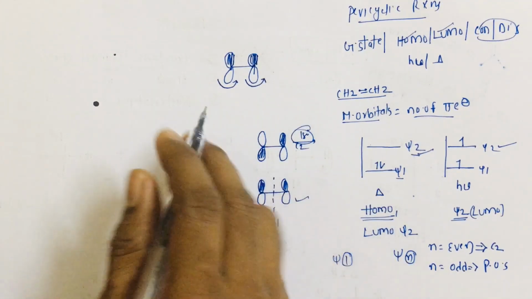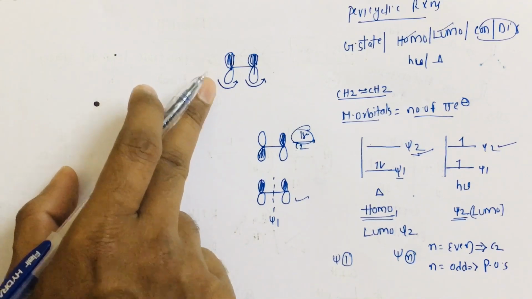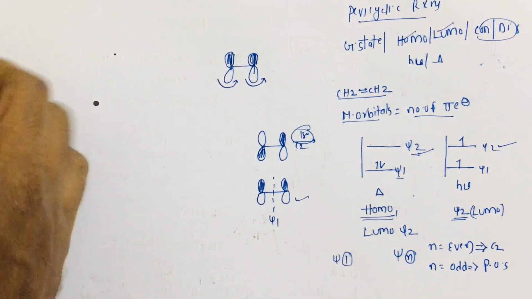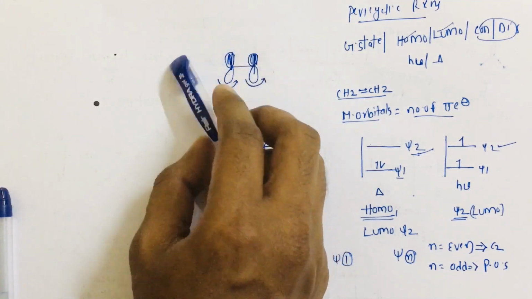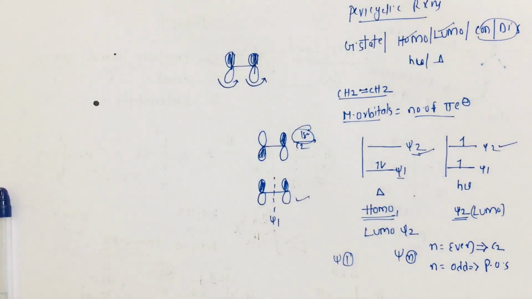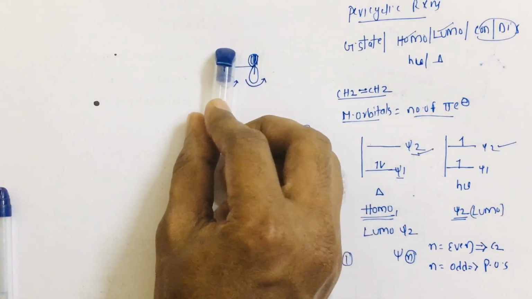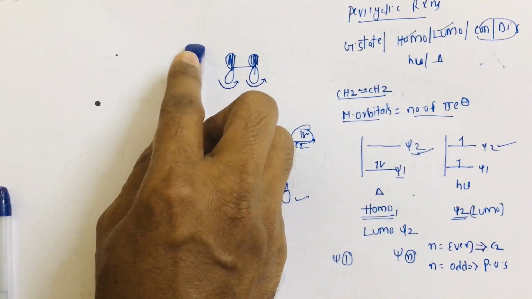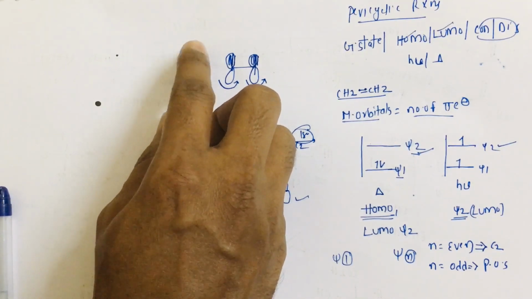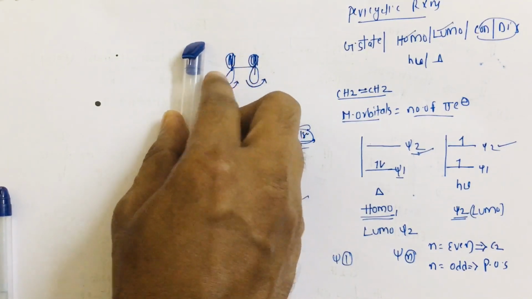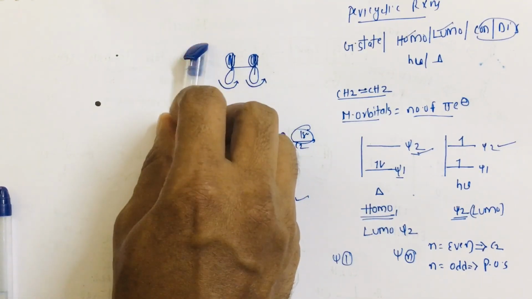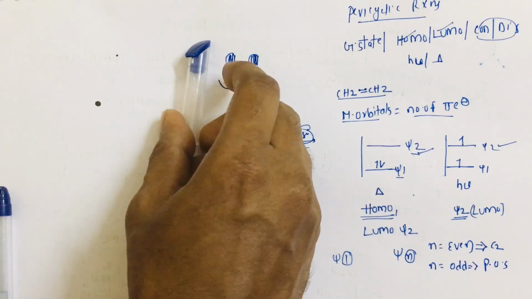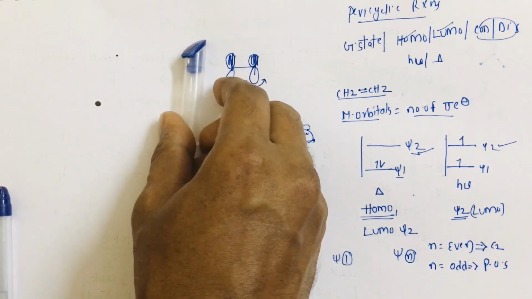Now we are rotating this one this way. So imagine like this. This is the shaded one. We can say this is the filled orbital, and this is the empty orbital, or we can say this is a shaded orbital and this is an unshaded orbital.